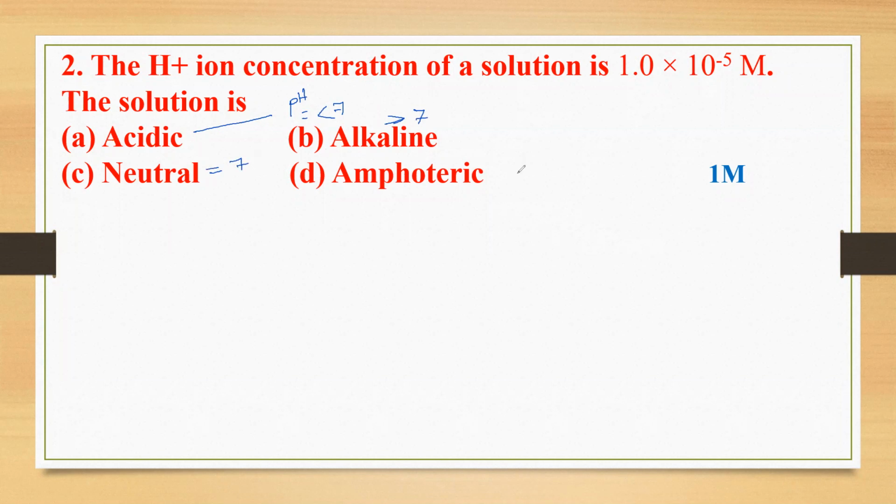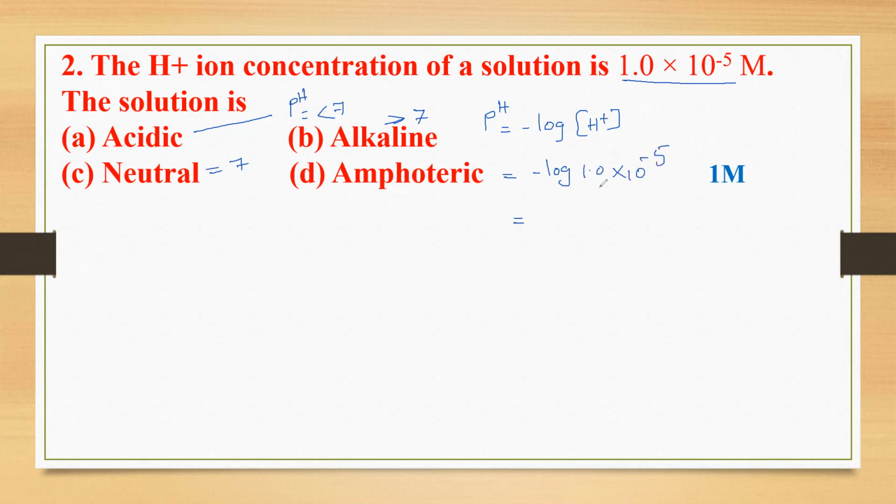Let's see what the pH of this solution is. To find the pH, they have given the H plus ion concentration. How do we define pH? We know that pH is equal to the negative logarithm of the H plus ion concentration. H plus ion concentration is given as 1.0 into 10 raised to minus 5.